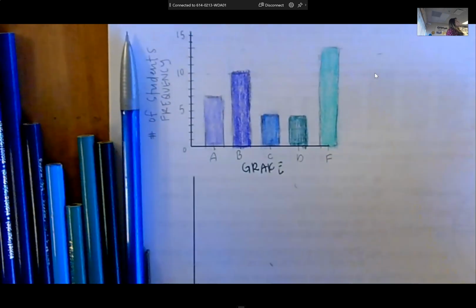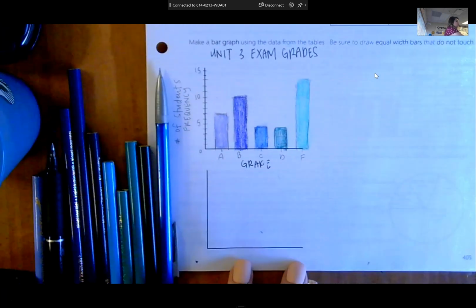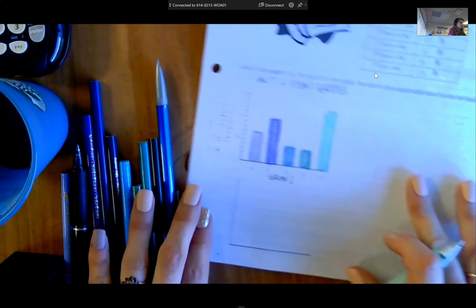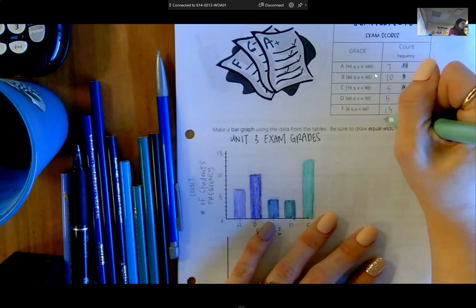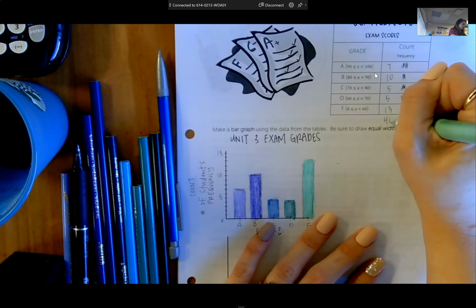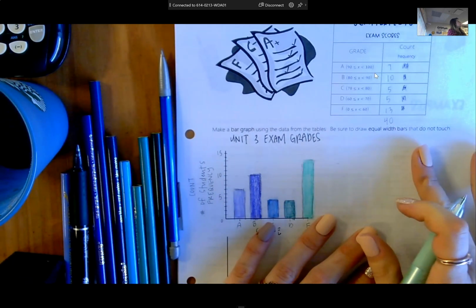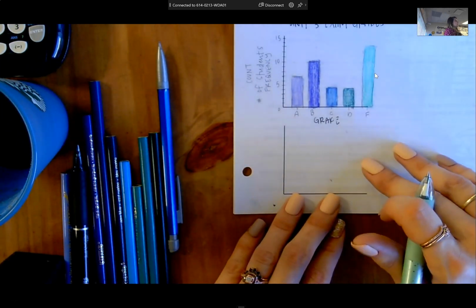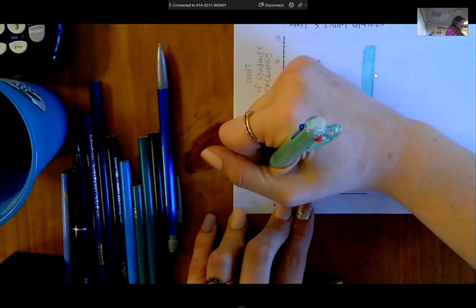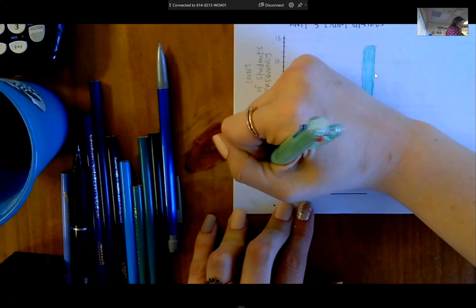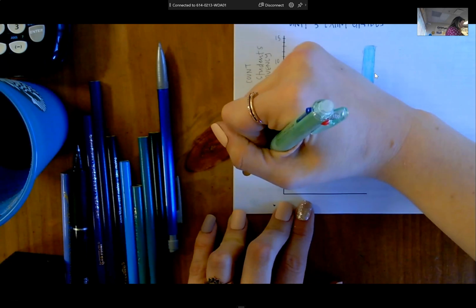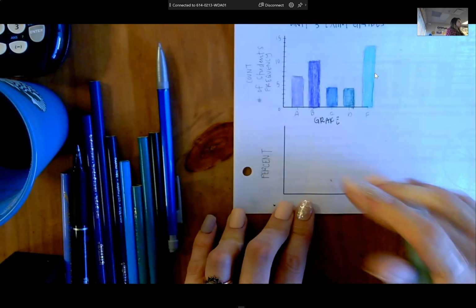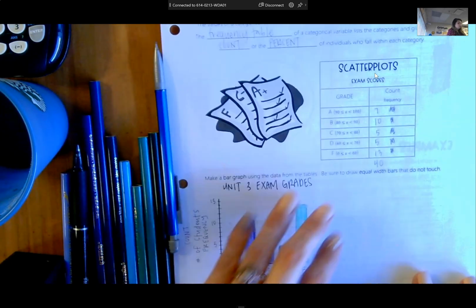Okay, so there's one thing on this that I want you to do as homework. There were a total of 40 students that took the test. I want you to make a bar graph again, but down the side, I want you to do percent. Which means you got to change each of these to a percent.